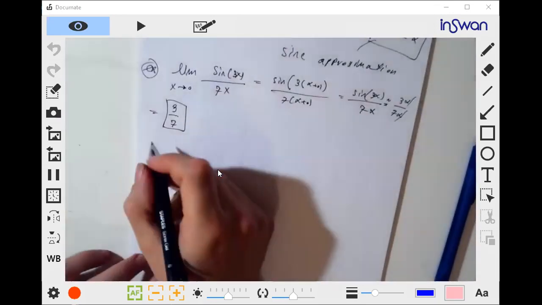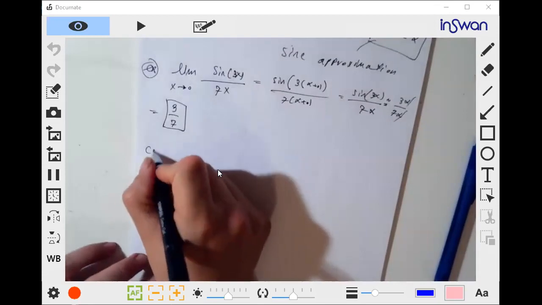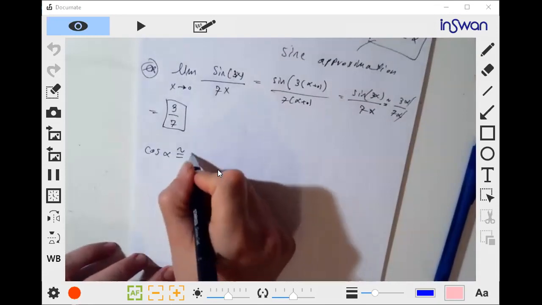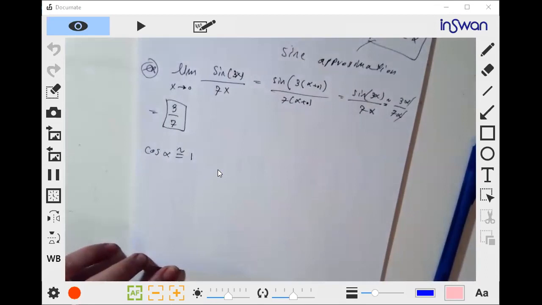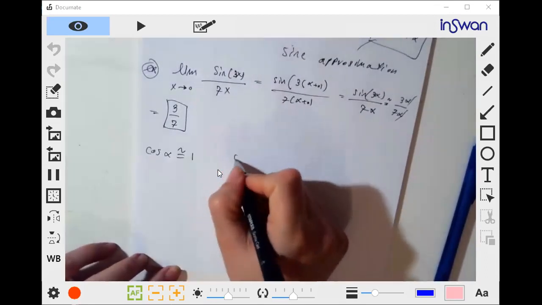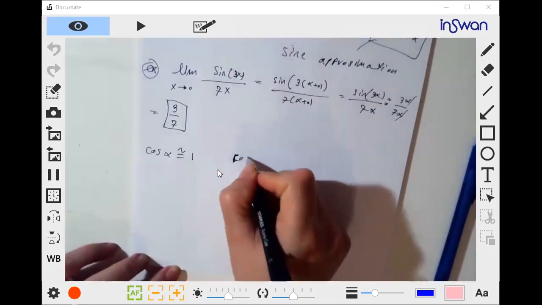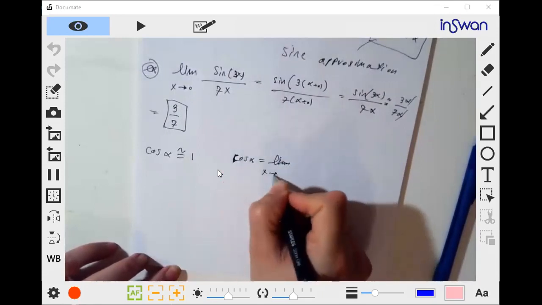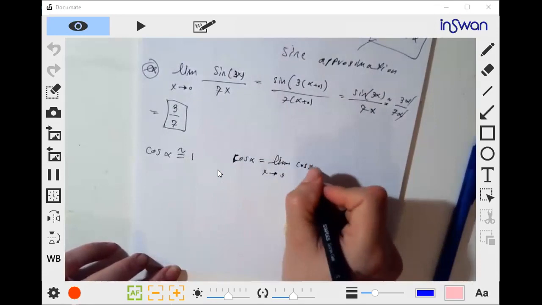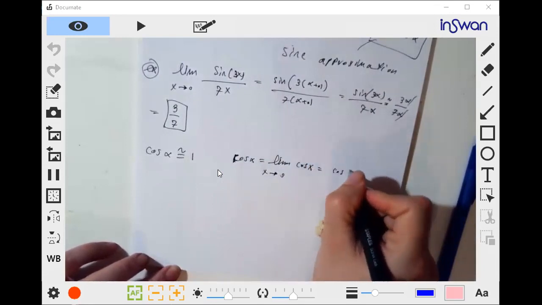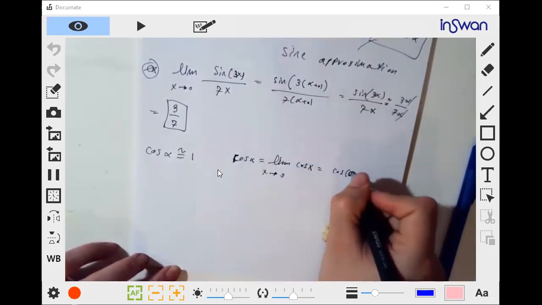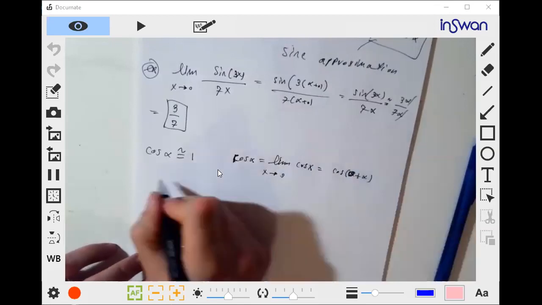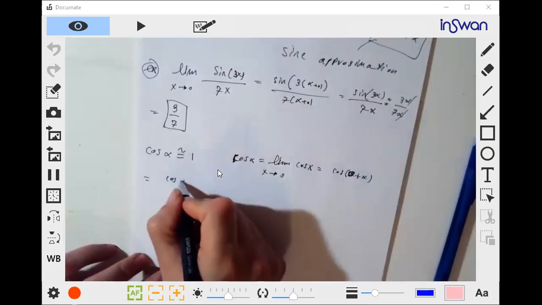Now we're going to come up with a cosine approximation formula, and it's going to say cosine of alpha is approximately 1. Why is that? Well, because the cosine of alpha is equal to the limit as x approaches 0 of cosine of x. That's equal to cosine of 0 plus some alpha. But that's equal to the cosine of alpha.